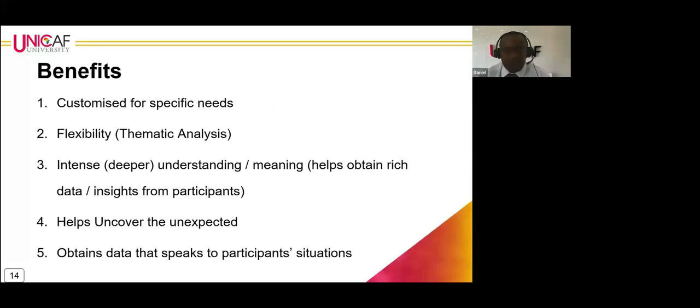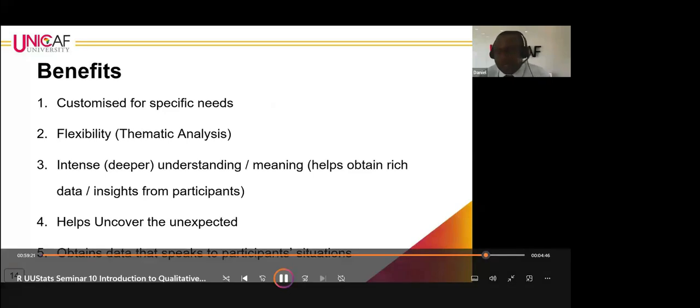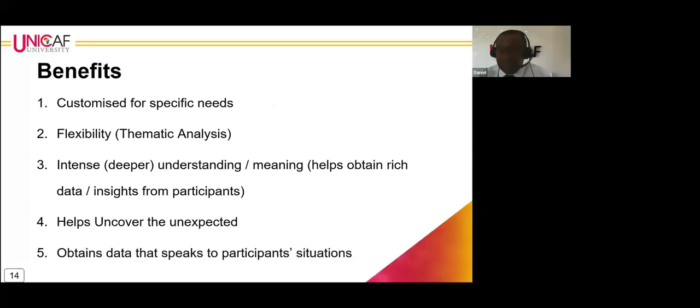We also have benefits in undertaking qualitative data analysis. Number one, it's easy to tailor this analysis to the specific needs of the participants.